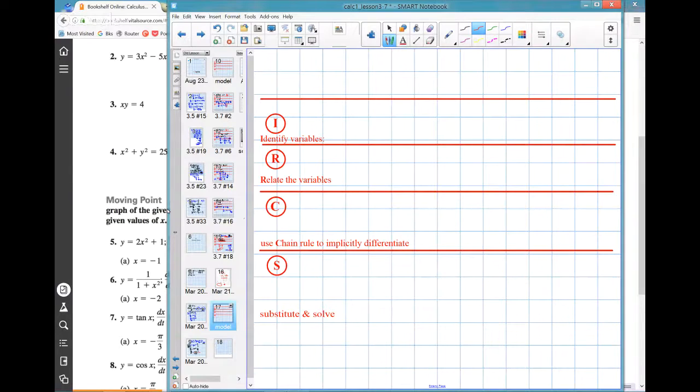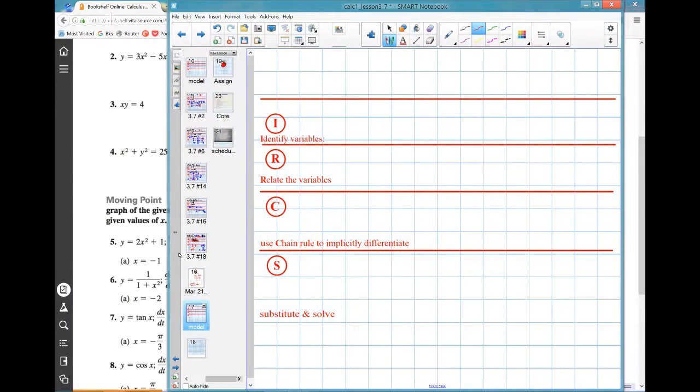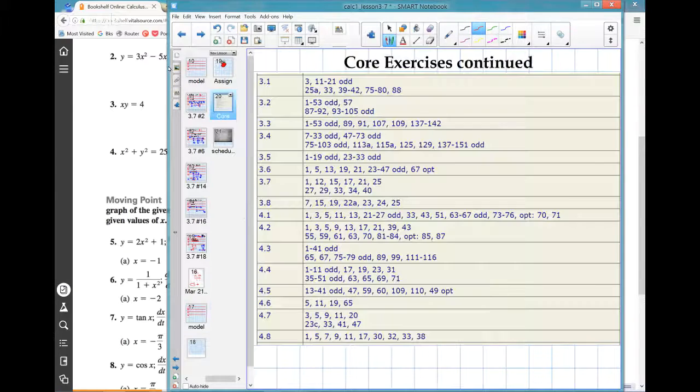It's actually lower level math in most cases. When it comes to the assignment for 3.7, what does he have here? It's this section right here. 1, 2, 3, 4, 5, 6, 7, 8, 9, 10, 11 problems.